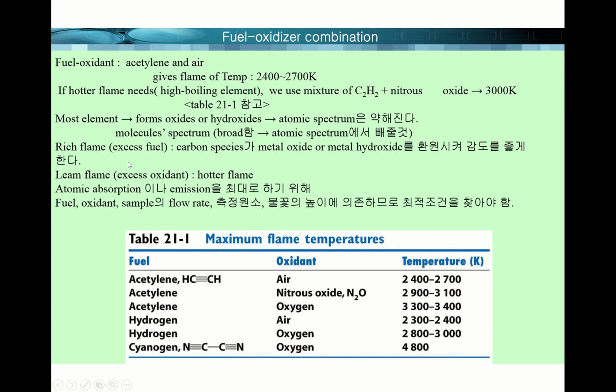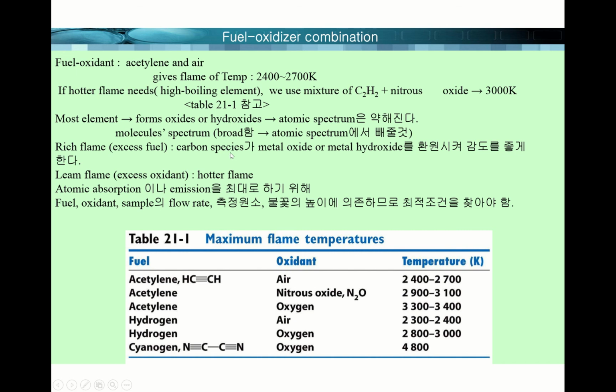Okay, most elements form oxides or hydroxides, and then the atomic spectrum becomes weak and more complicated. So exact precise analysis may be hindered. The molecular spectrum is very broad and should be removed from the atomic spectrum. Rich flame, rich means excess fuel.